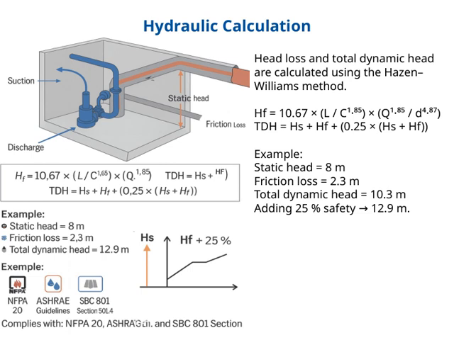For example, if our static head is 8 meters and the friction loss is 2.3 meters, the total dynamic head comes out to around 10.3 meters. To ensure safe operation, we add that 25% safety margin, bringing us to approximately 12.9 meters. This approach helps us design systems that are efficient and reliable, considering both the actual flow conditions and safety factors.